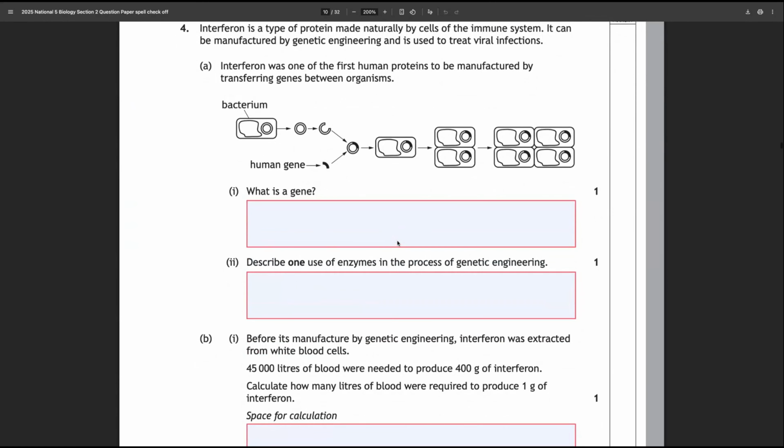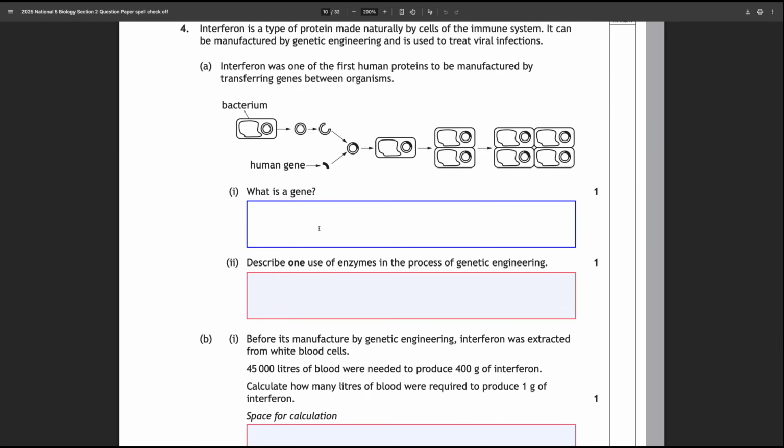On to question 4. It says, interferon is a type of protein made naturally by cells of the immune system. It can be manufactured by genetic engineering and is used to treat viral infections. So interferon was one of the first human proteins to be manufactured by transferring genes between organisms. And that diagram there should be familiar to most of you from your topic on genetic engineering, and hopefully you recognise all the steps there.